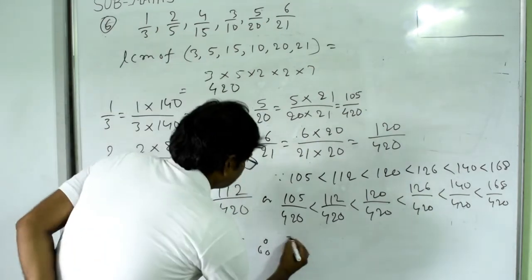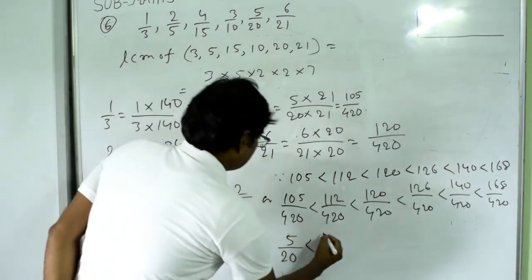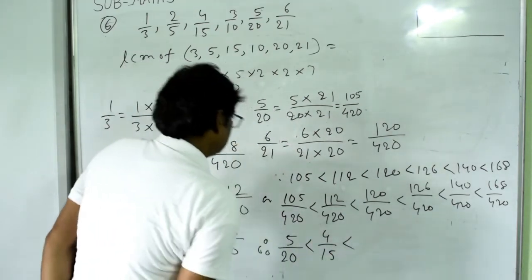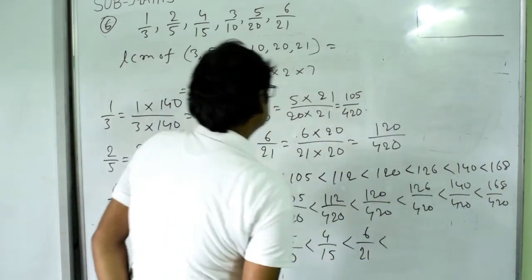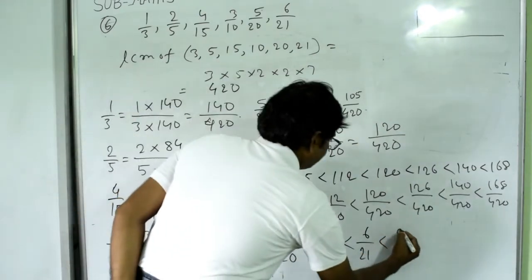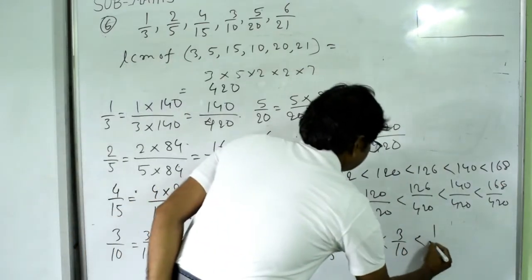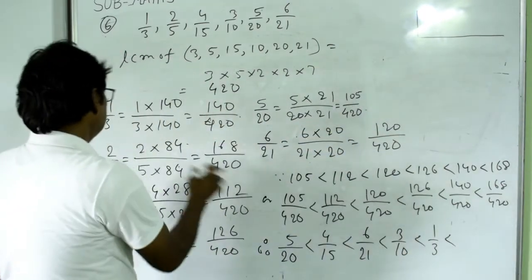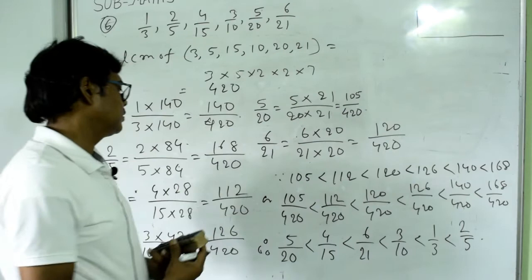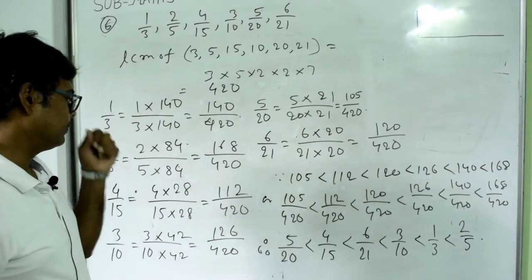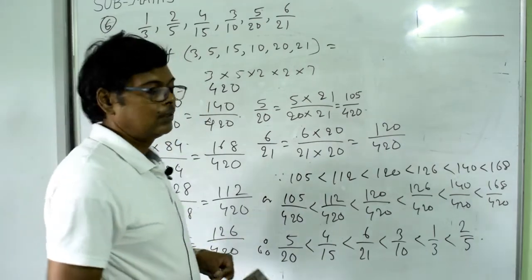This is 5 by 20, so write 5 by 20, then 4 by 15, then 120 is for 6 by 21, then 126 is for 3 by 10, then 140 is for 1 by 3, and ultimately we have 2 by 5. So 2 by 5 is the largest of all the 6 fractions given. This is arranged in increasing order.